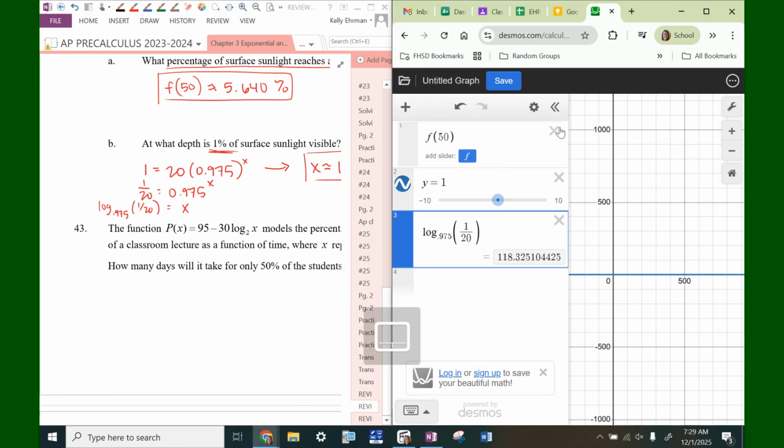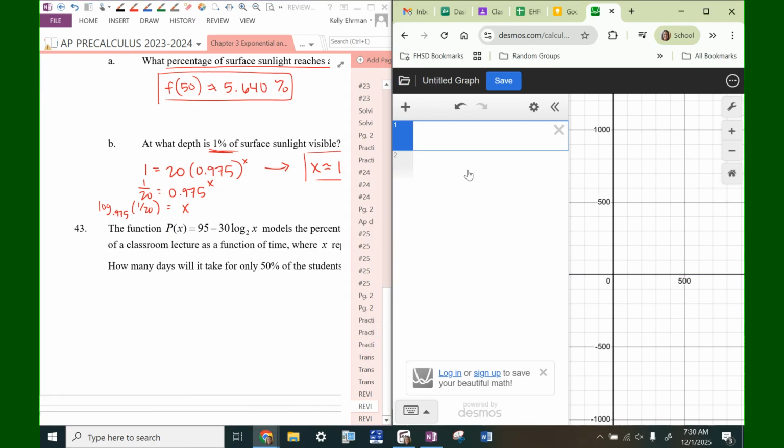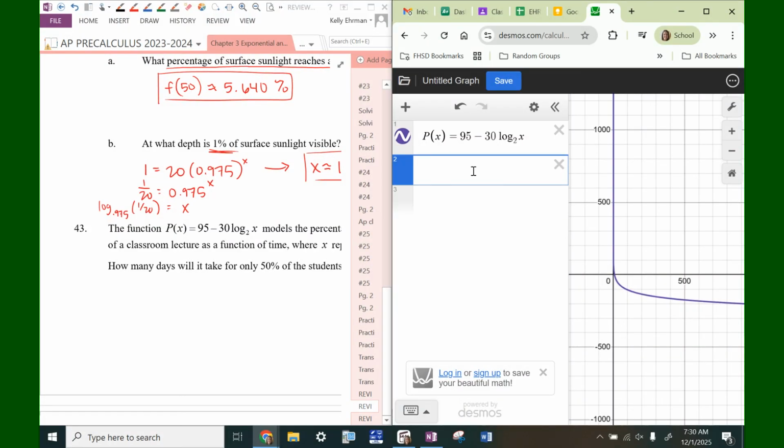Okay, so let's see. Let's get the formula typed out first, or the function. So p of x equals 95 minus 30 log base 2 of x. Oh, wait, what's wrong? Oops, not minus. P of x, wait, hold on. There we go, 95 minus 30 log base 2 of x.